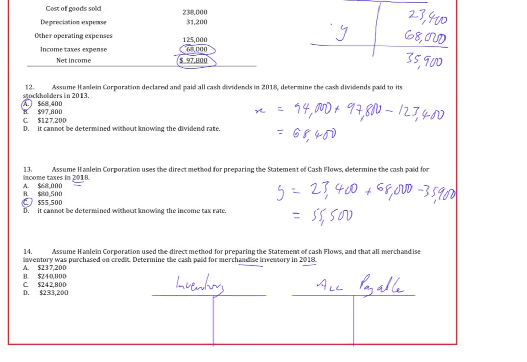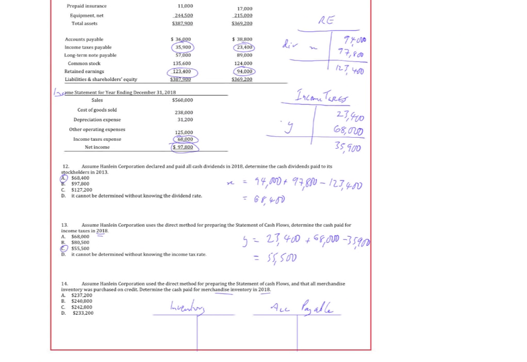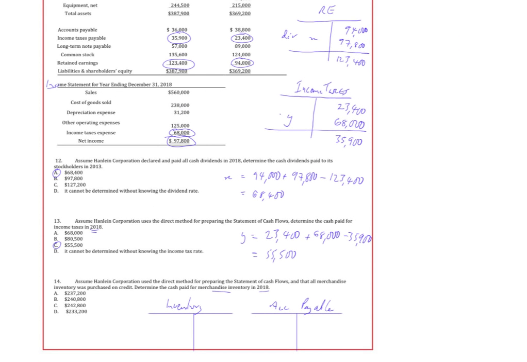So if we look at inventory and accounts payable, I'm going to have to shrink this a bit, the beginning balance on accounts payable is a credit of 38,800 and an ending balance of 36,000.